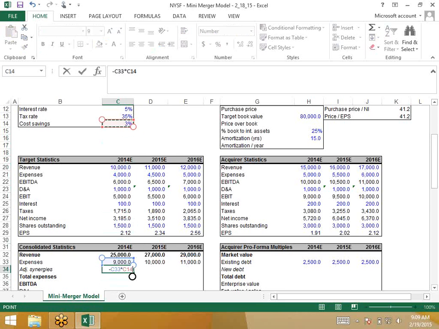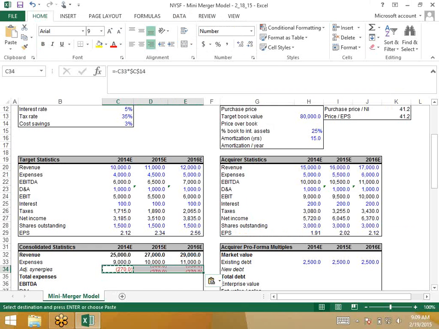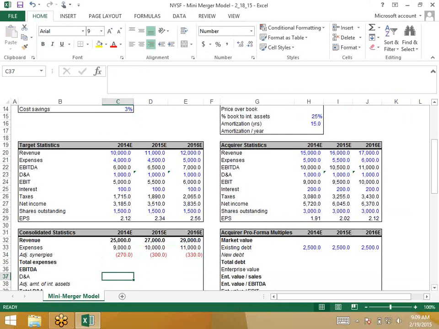I'm going to anchor the reference to the 3%, so when I copy this to the right, the references to the expenses will shift, but not to the actual percentage. So it's 3% of expenses we're assuming are being reduced. Say it again? 3% times the expenses.